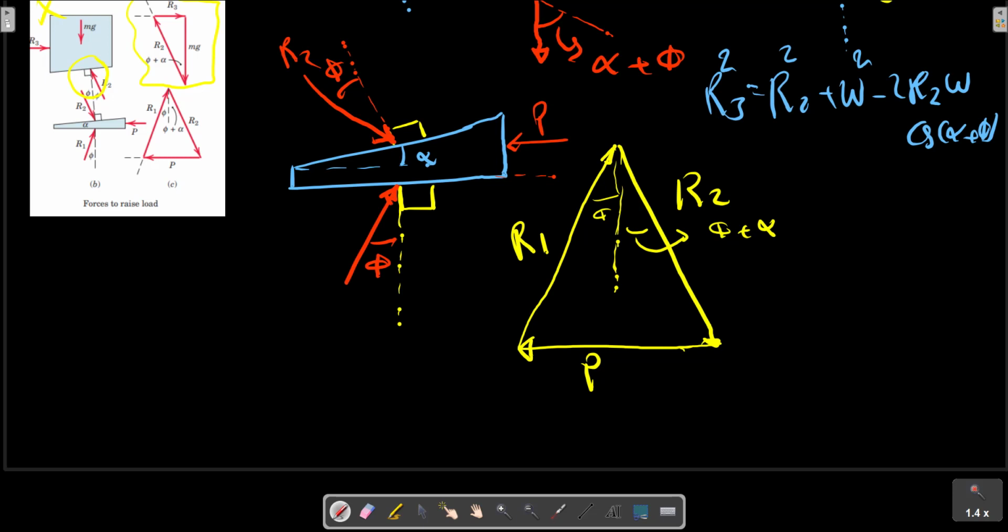If P is removed and the wedge remains in place, the equilibrium of the wedge requires the equal reactions R1 and R2 to be collinear, as shown in the picture, where the wedge angle alpha is taken to be less than phi.